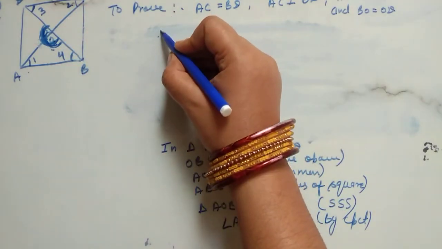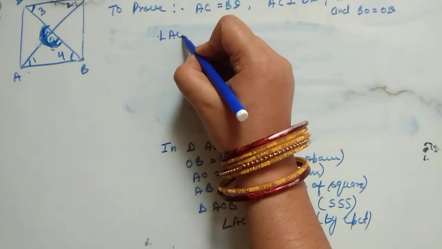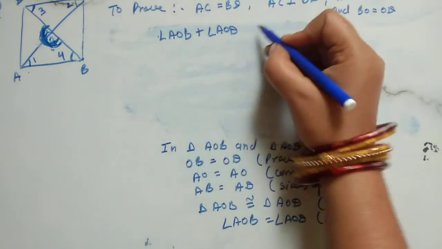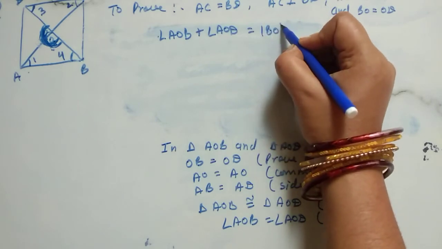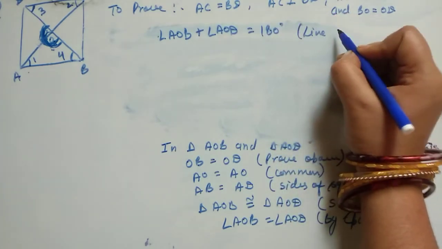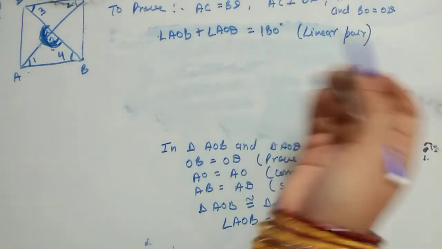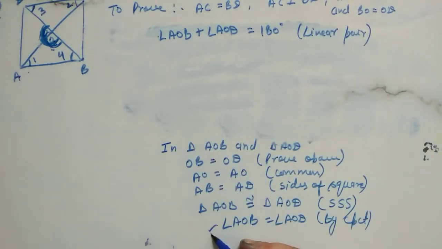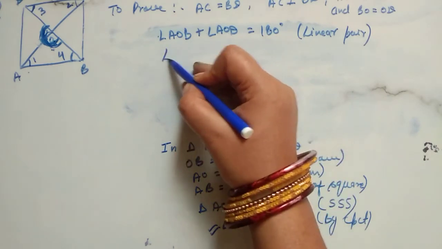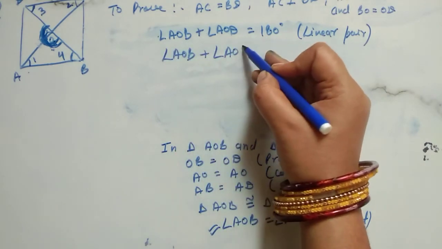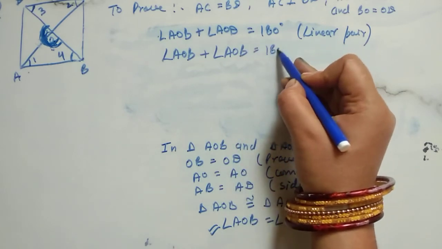What you can write: angle AOB plus angle AOD is equal to 180 degrees, by linear pair or angles on a straight line. Now we know these two angles are equal, so interchange it: angle AOB plus angle AOB is 180.